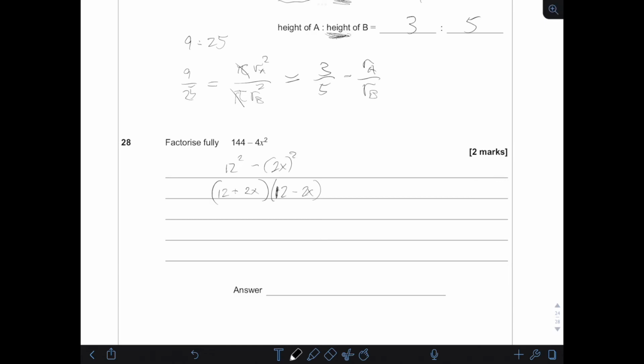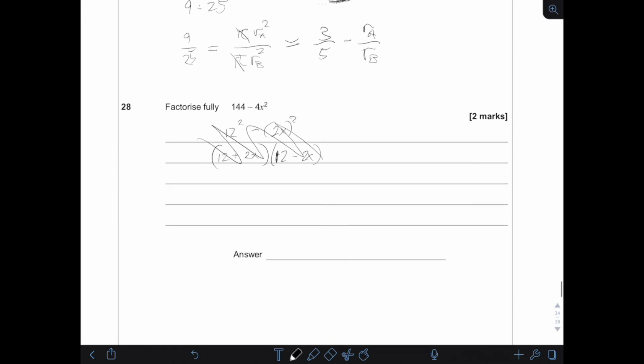So that's the factorized form. And we can actually take another 4 out as well. Actually, before we do that, we might as well take the 4 out beforehand, which will be 4 times... let's see, 38, I think?